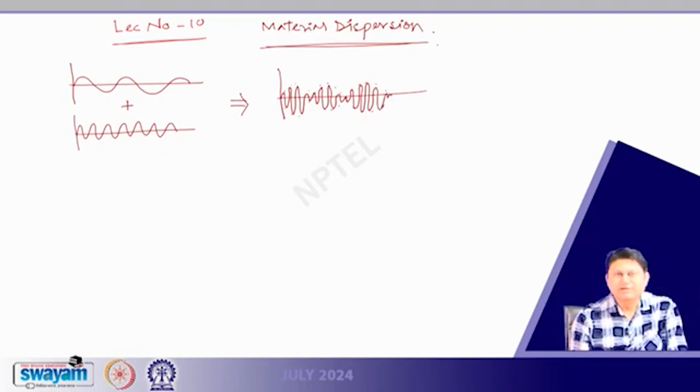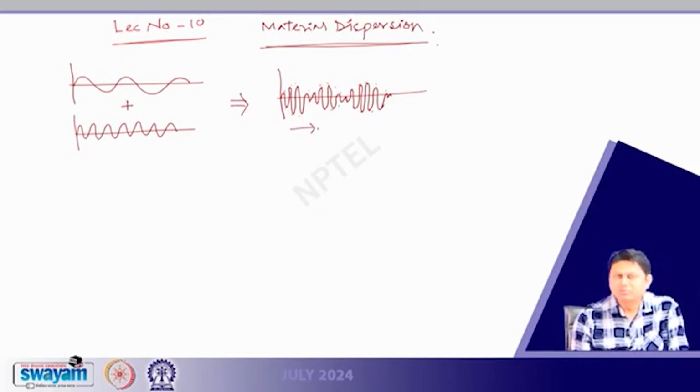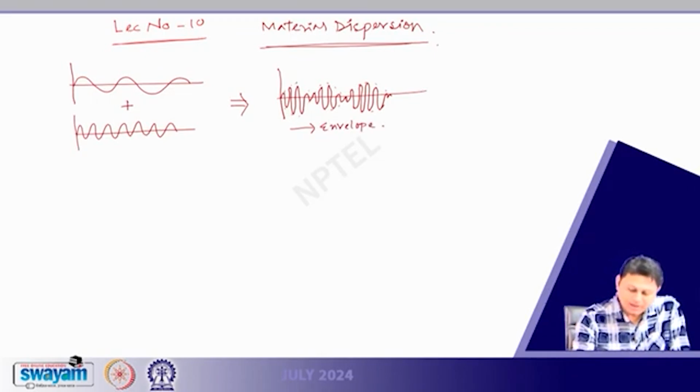The resultant wave that is generated has two components. One is called the envelope, which is this amplitude modulation, and another is the carrier wave.